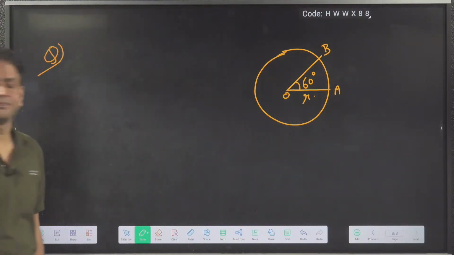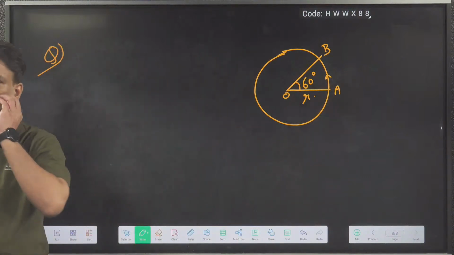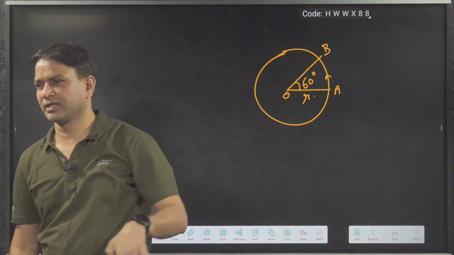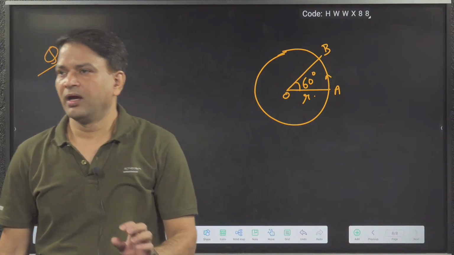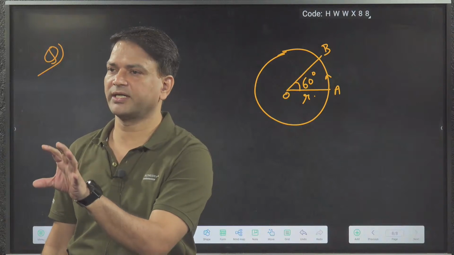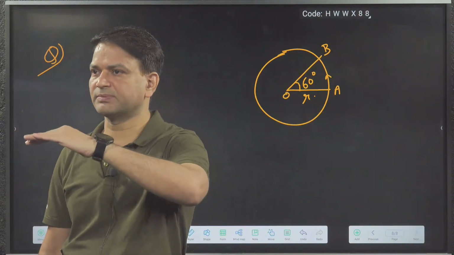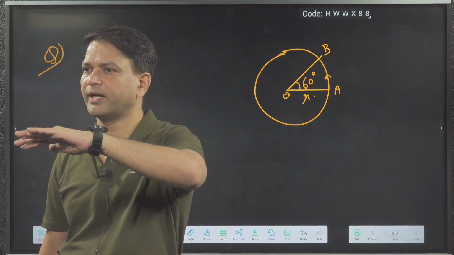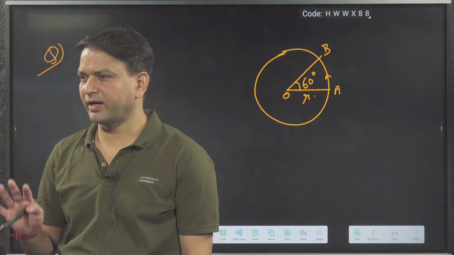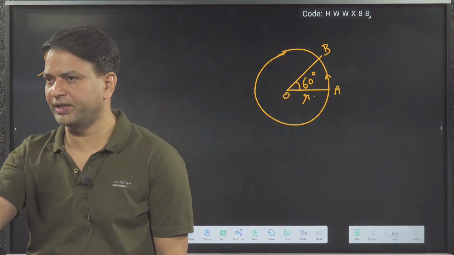Now next problem. Suppose any particle is moving in a circle, and the circle radius is r. The particle is displaced from A to B. How much distance does the particle travel when it goes from A to B?